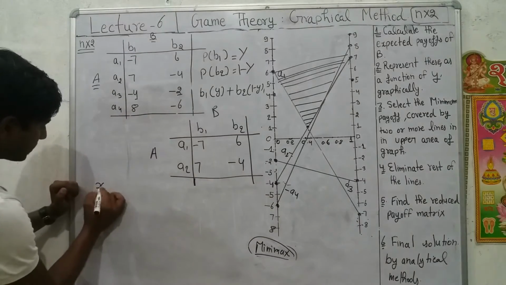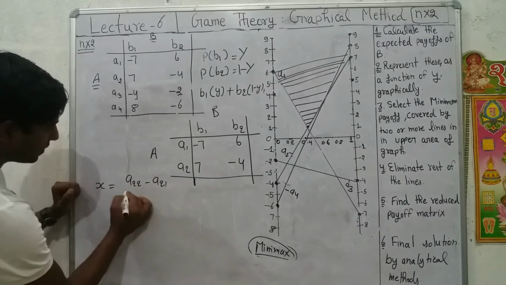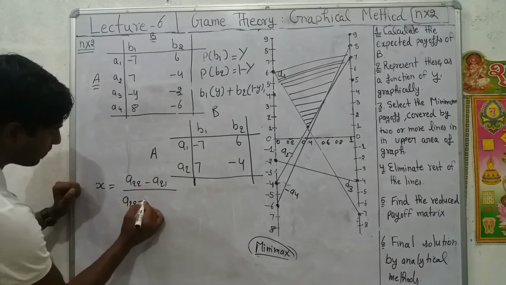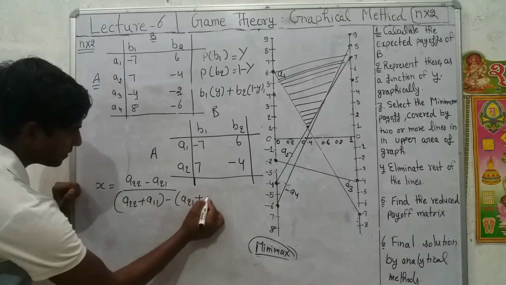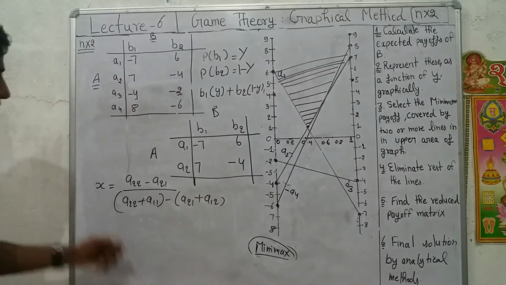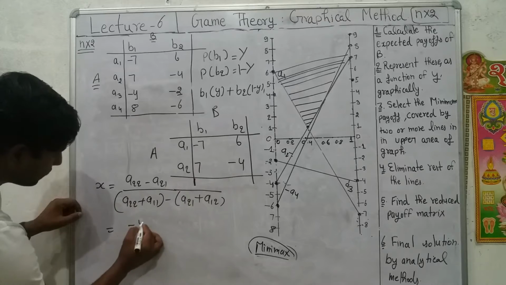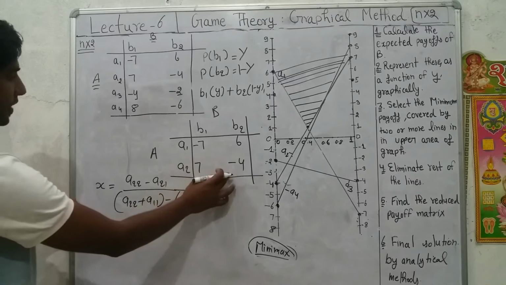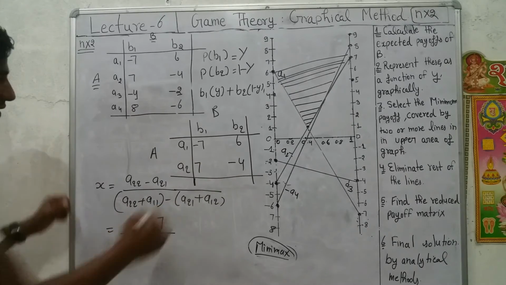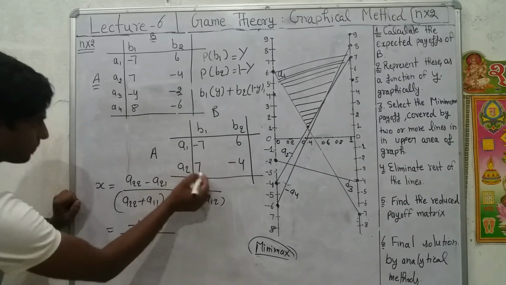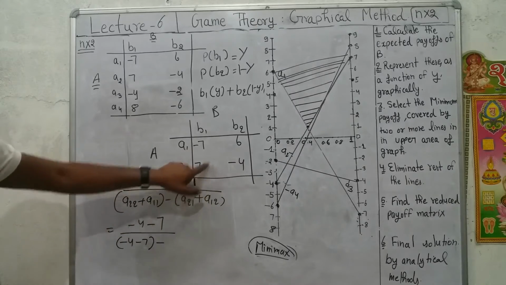So for the value of x, the direct method is A22 minus A21 divided by A22 plus A11 minus A21 plus A12. Taking these values from this matrix, x would be equal to A22, minus 4, minus A21, that is minus 7, divided by A22 plus A11, minus 4 minus 7, minus A21 plus A12, 7 plus 6.